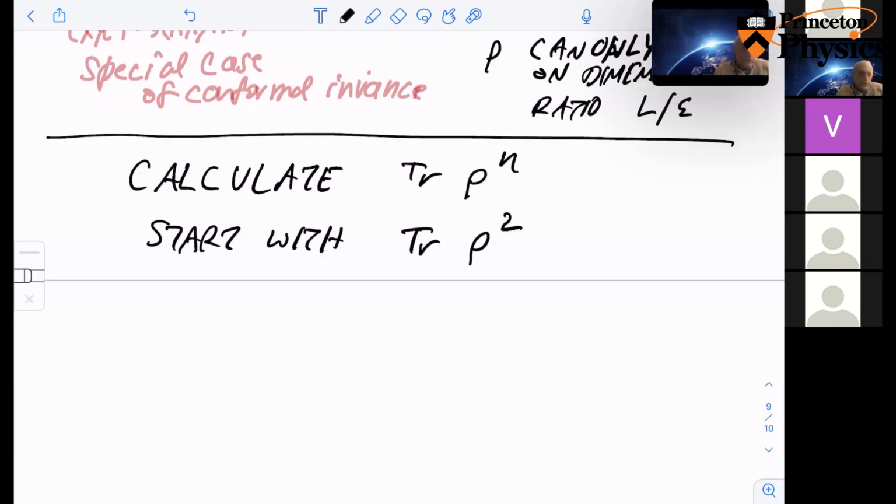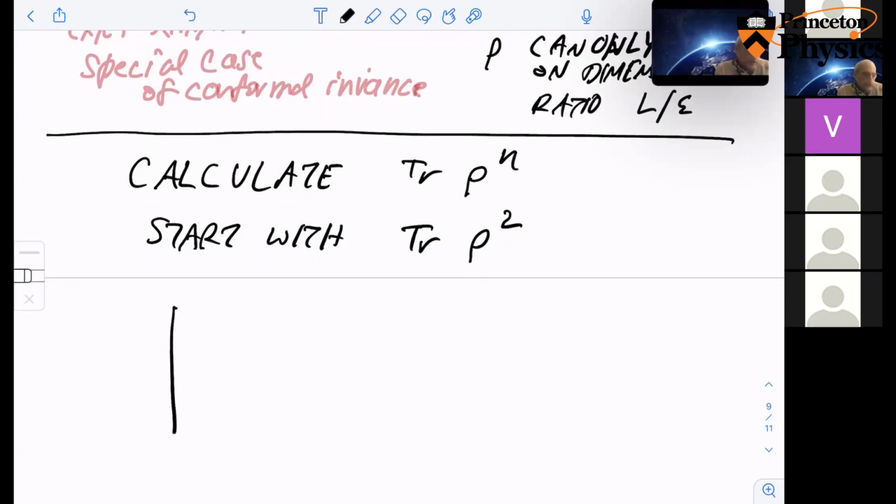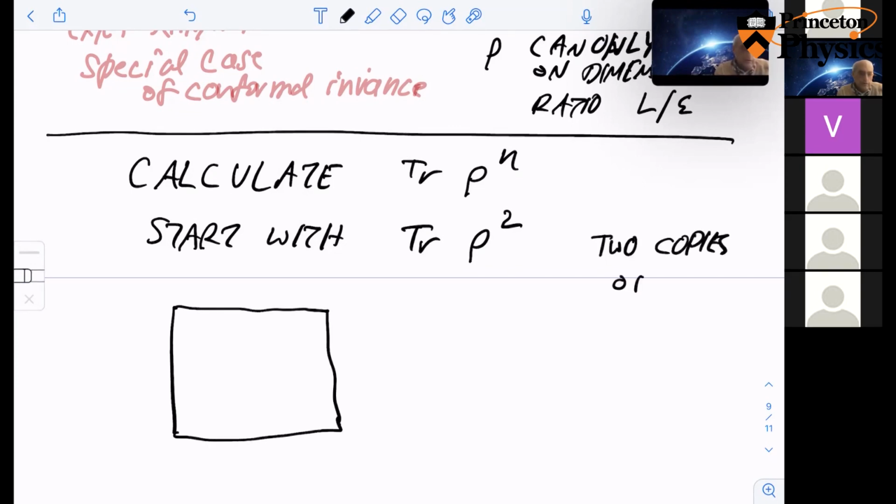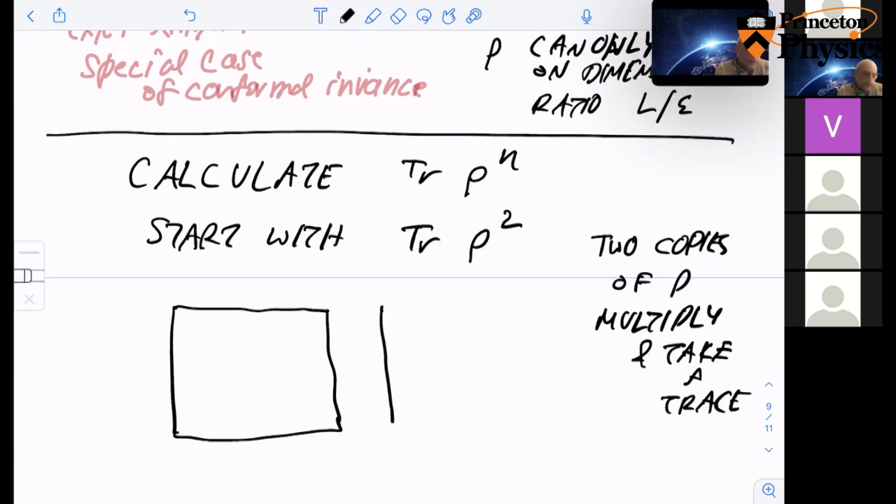That will illustrate the idea. So trace rho squared, we need to have two copies of rho. Then we multiply them and take a trace. So first, let's start with two copies of rho.